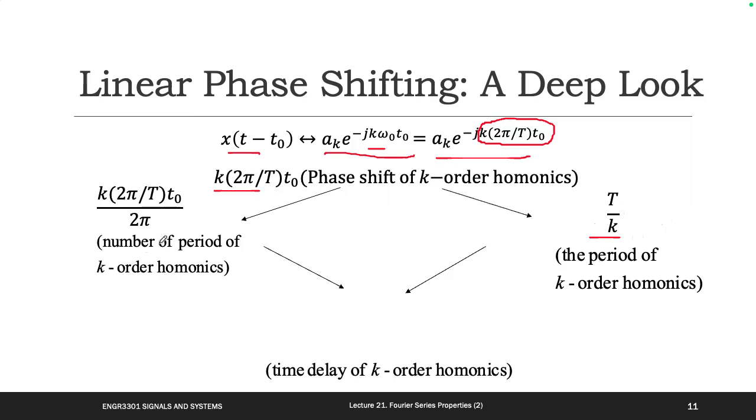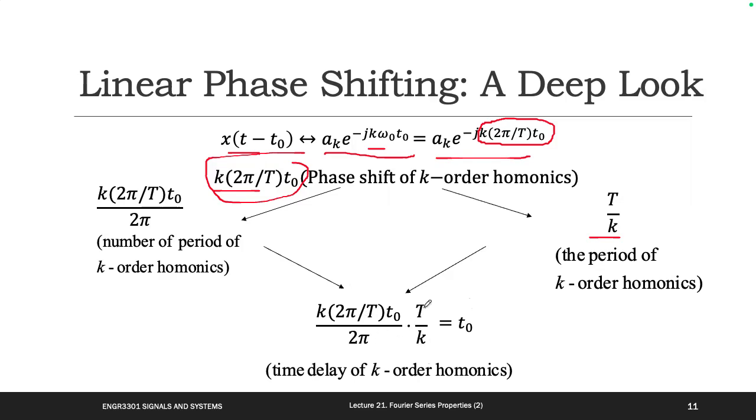And this is just dividing this part by k, and it changes to the time like that. After you multiply those two, you will find it equals t0, because you can see 2 pi over T is what? It's omega naught, am I right?